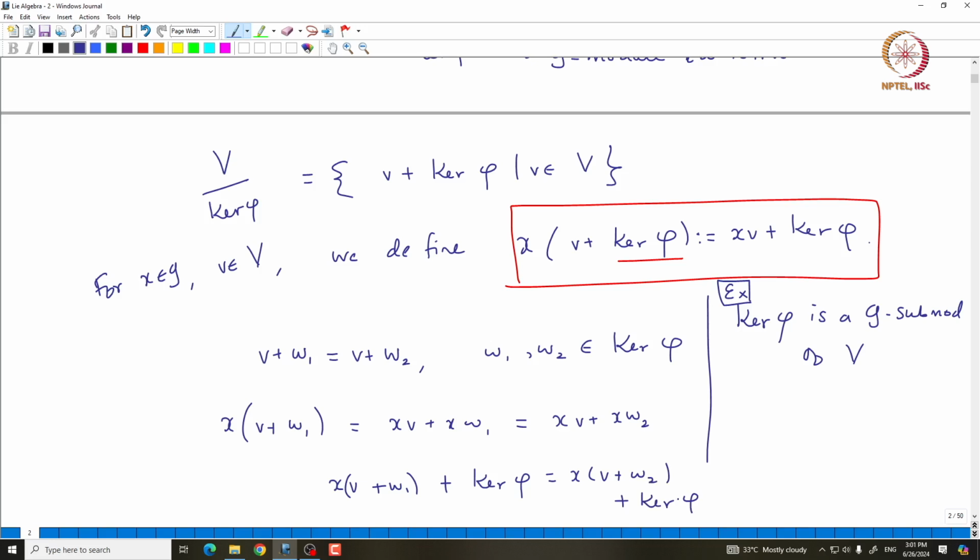Even if you take any two representatives, the G action is going to give you the same answer. For example, we can take w1 to be 0, then we can easily see that xv plus kernel phi is same as xv plus xw2 plus kernel phi. So, the action is well defined.